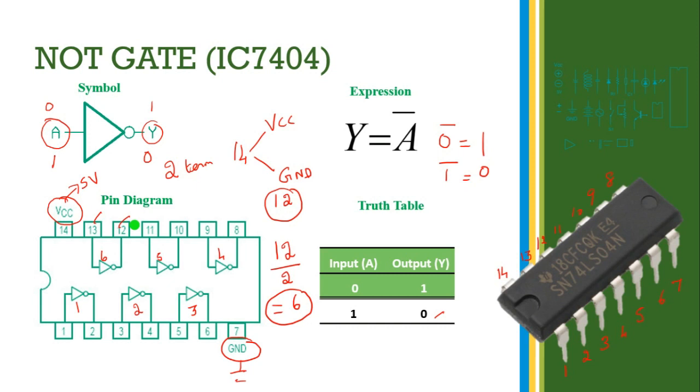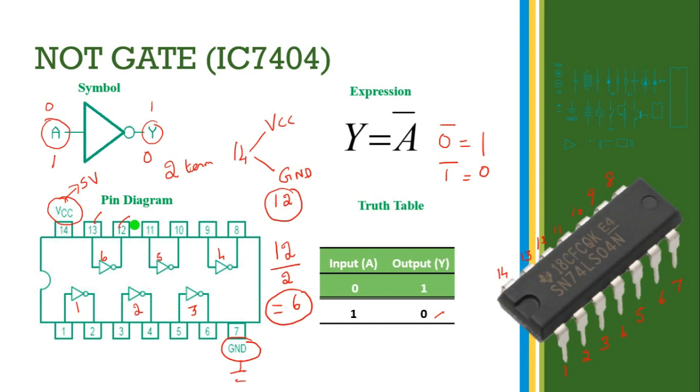This IC can be connected on the breadboard using a power supply and LED, to check the functionality of the IC 7404. Now I am going to demonstrate this IC's functionality using the Tinkercad online simulator software.